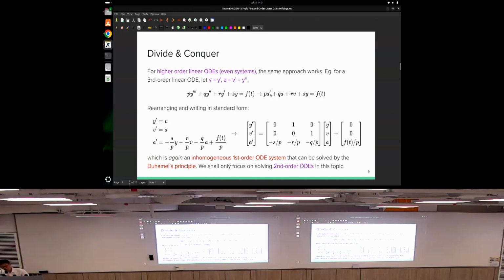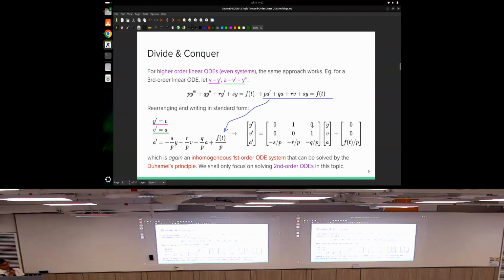That is the approach. So from here, if you isolate a prime, you get the last equation. Then v equals y prime is clearly the first equation, and a equals v prime is clearly the second equation. So what do you have? A coupled system of three ODEs, and you can put it into matrix form as well.